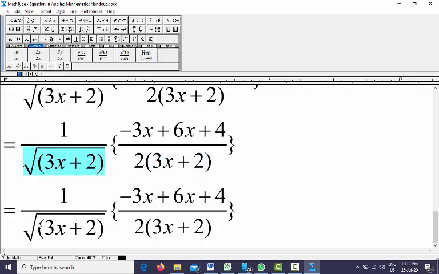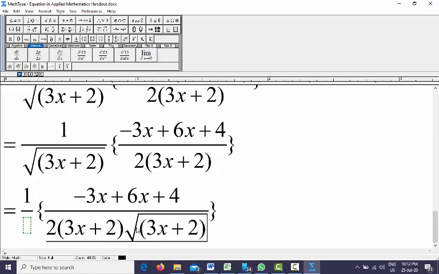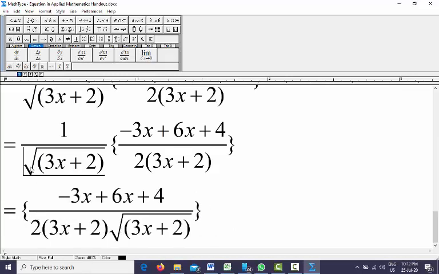In the denominator we will have this one multiplied by this one multiplied by this one. And in the numerator, 6x minus 3x means we will have only 3x plus 4. Well, this is the answer.